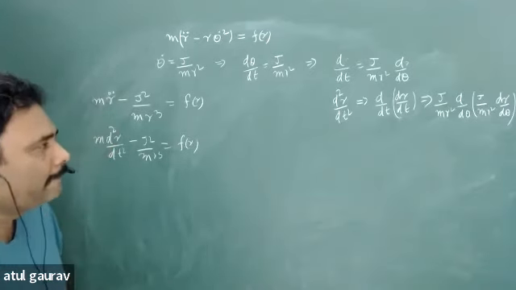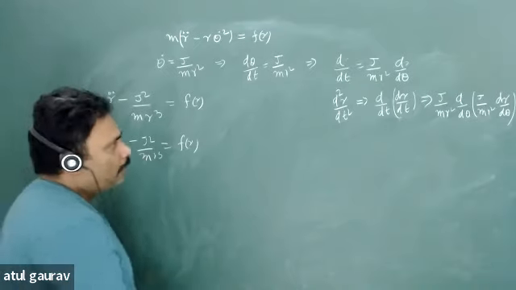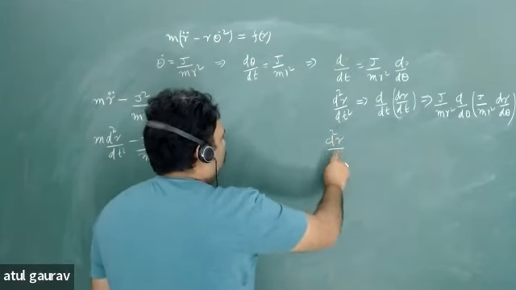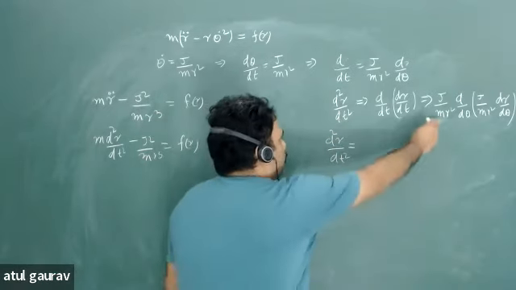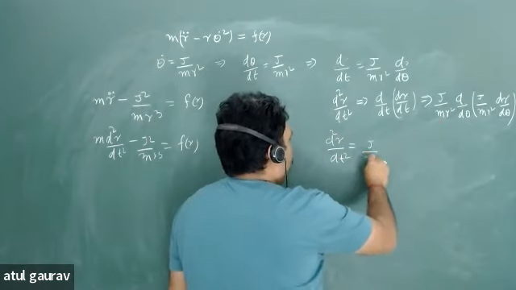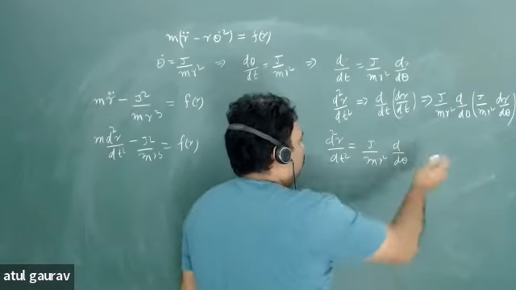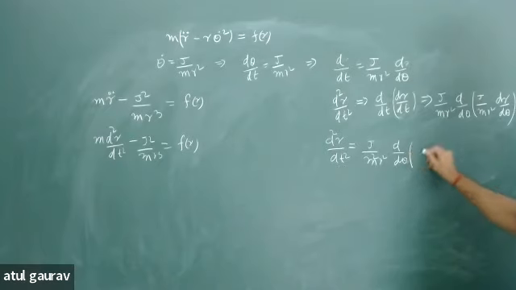लिख सकते हैं ऐसे? Yes, sir. Now, what is going to happen? Look, d square r upon dt square must be equal to, I will keep this same, j upon m r square d upon d theta. I can take m outside, and j square is also there, so 1 upon r square dr upon d theta.